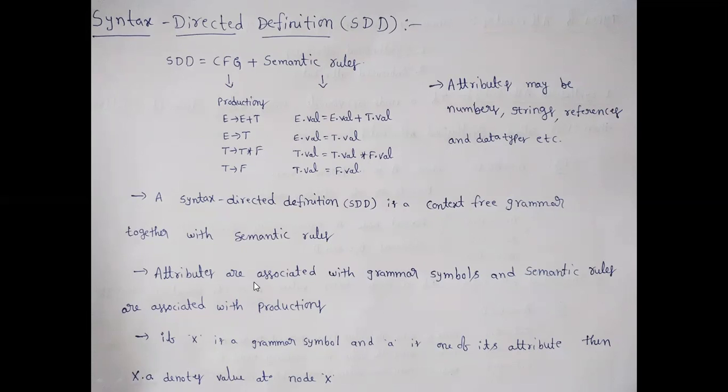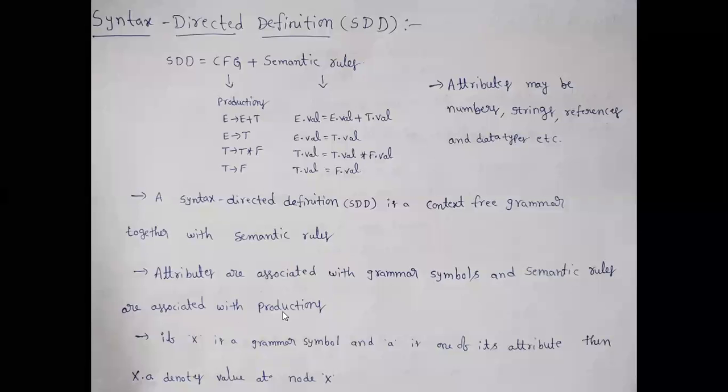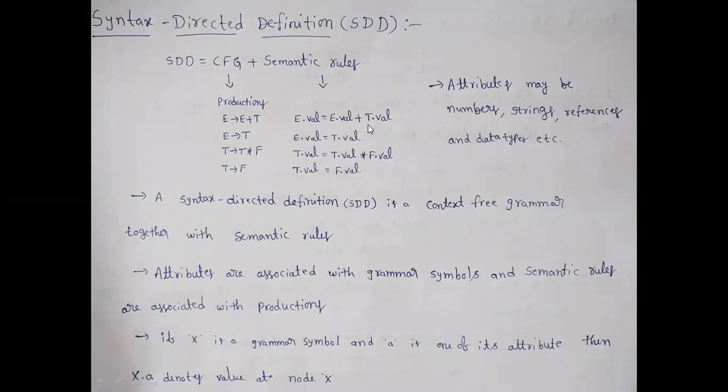So attributes are associated with grammar symbols and semantic rules are associated with productions.